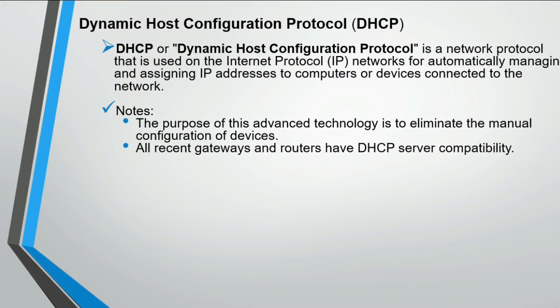Dynamic Host Configuration Protocol (DHCP). DHCP, or Dynamic Host Configuration Protocol, is a network protocol that is used on Internet Protocol (IP) networks for automatically managing and assigning IP addresses to computers or devices connected to the network.